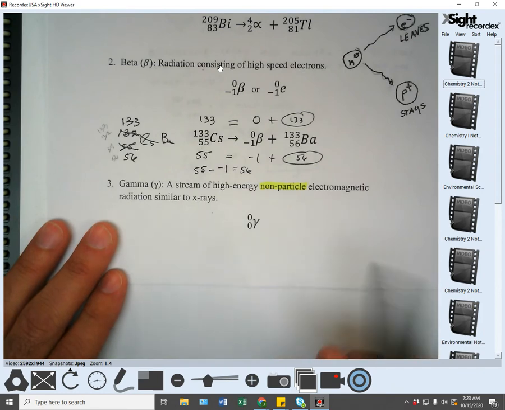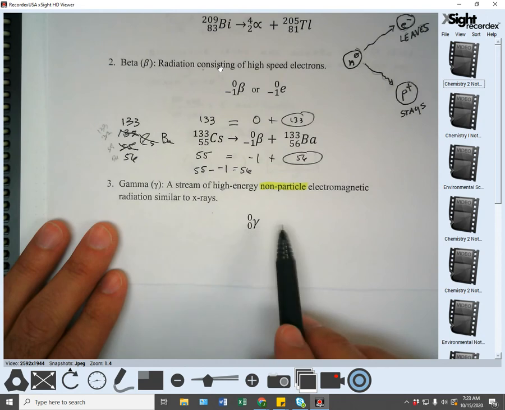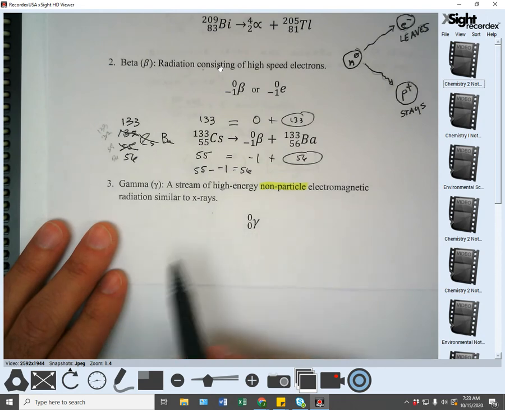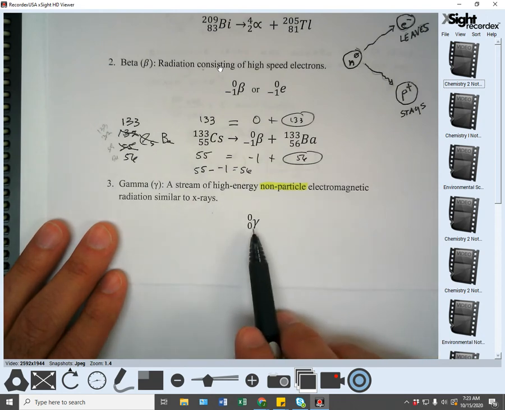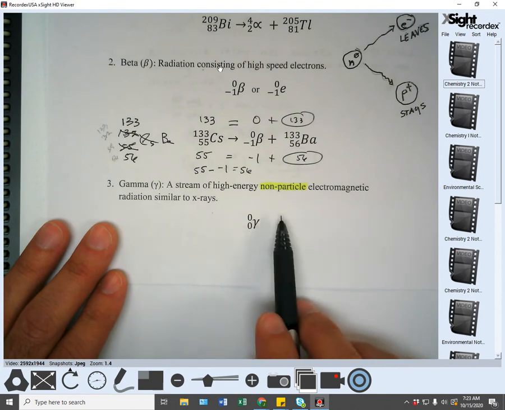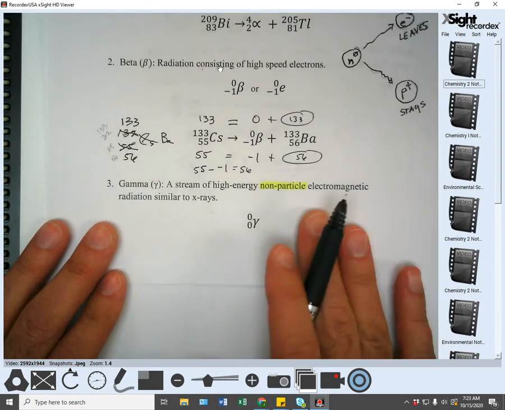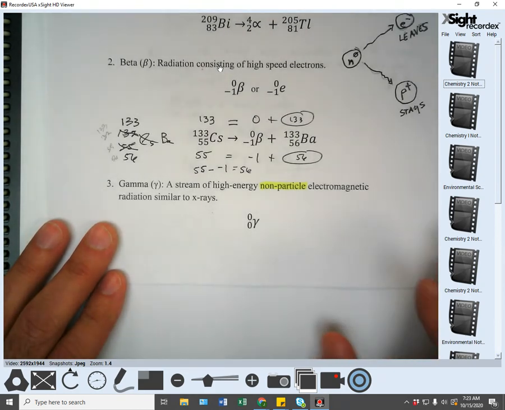So there's nothing to actually break off or subtract in gamma radiation. It's just energy. That's also why gamma radiation is written as 0 over 0, because there's no neutrons, no mass, no protons, and then that's a gamma symbol. So there's no equation for that, but you should know that that's a third type of radiation.